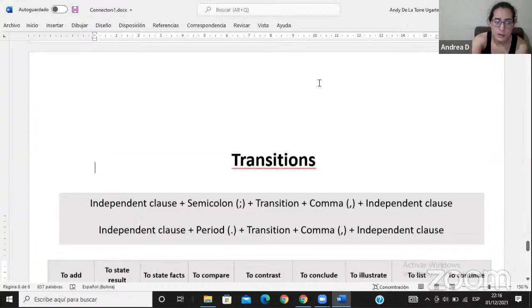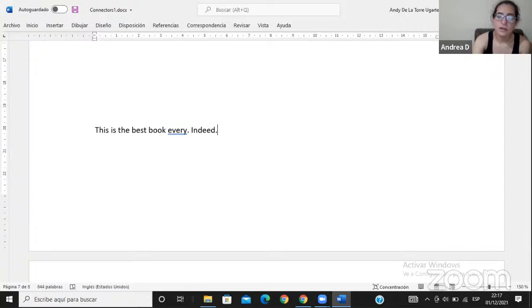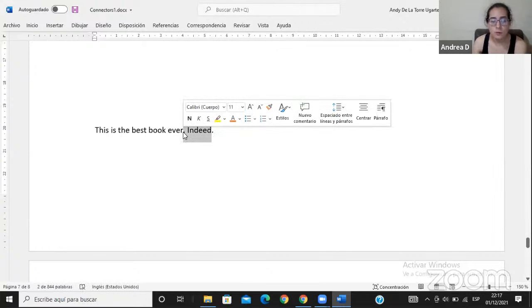I don't know if you've ever heard that, but if I say, this is the best book ever, and you want to say, yeah, I agree, you can say, yeah, indeed. De hecho. In this case, it's like definitely, totally, absolutely, indeed. It sounds formal, but it's also common in spoken language. It sounds a bit British, but it is common. I've heard it a lot.